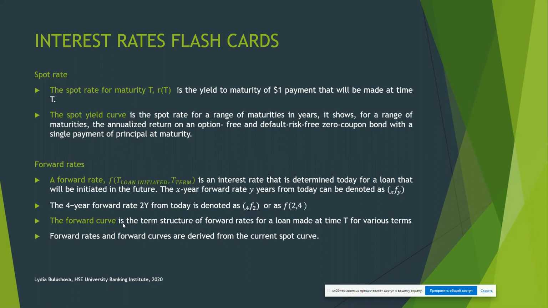My interest is 5% if the term is 1 month, 5.2% if the term is 3 months, and so on. This is the term structure of spot rates. Different rates for different terms if you'd like to lend or borrow right now. And the spot yield curve is the curve that is made of these interest rates.